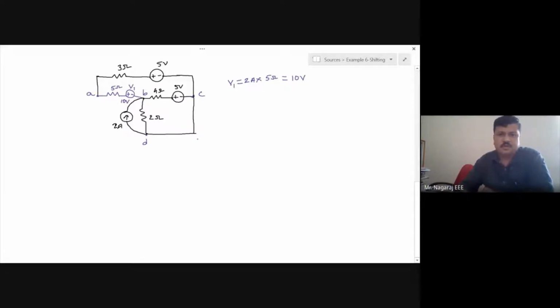Here the 10 volt 5 ohm and 5 volt 3 ohm sources are in series, and the effective value can be taken.